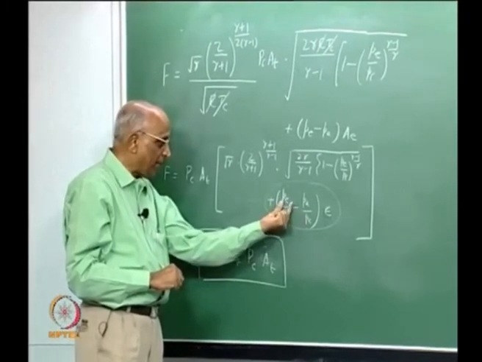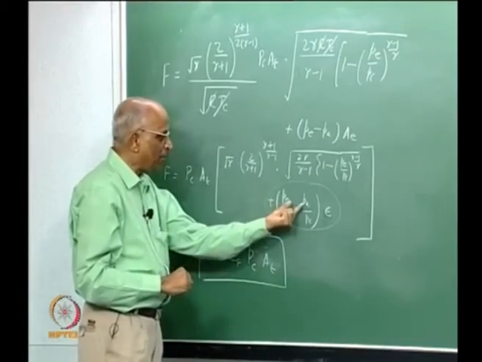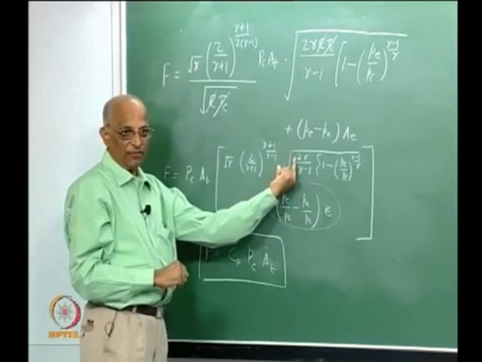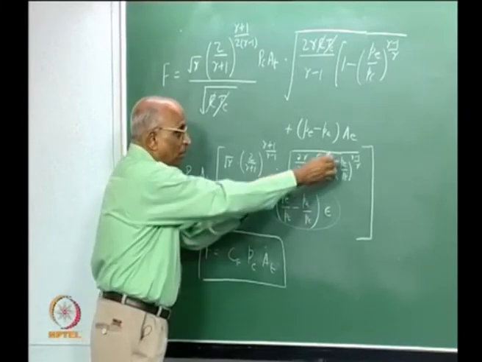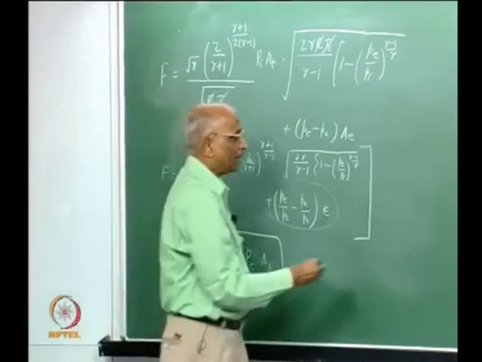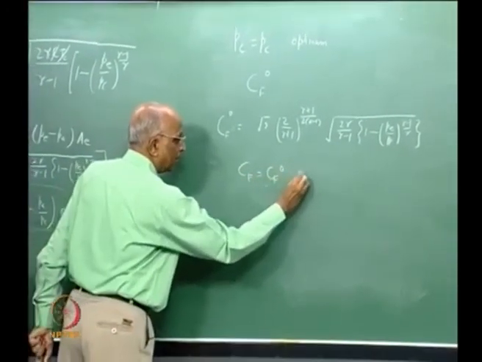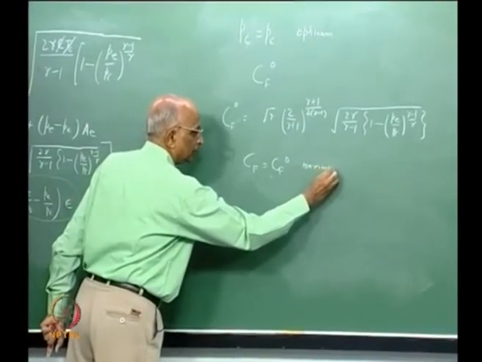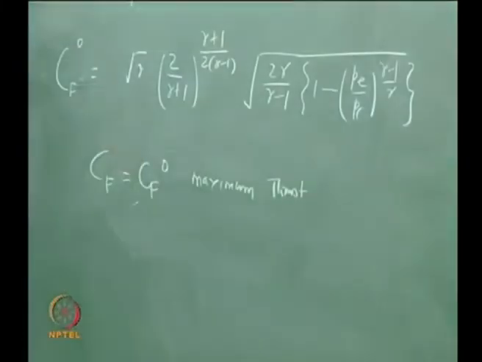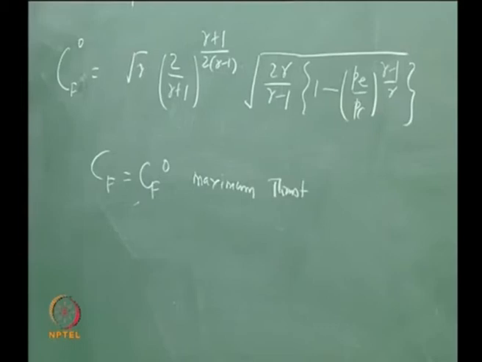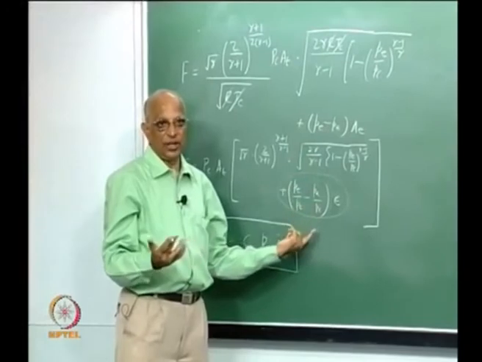If I have an under expanded nozzle, I have positive thrust, and in all cases when PE is equal to PA, I get the maximum thrust F, because in one case the contribution from this increases, but the contribution from this decreases, and only under the condition CF equal to CF0 do I get the maximum thrust. That means an adapted nozzle always gives me maximum thrust, otherwise because of under expansion I lose thrust, or it is the other way around.